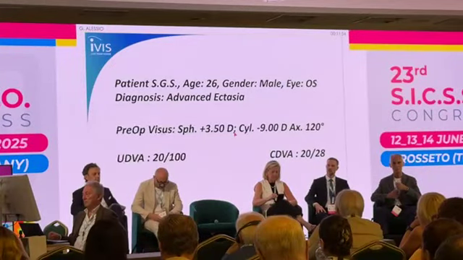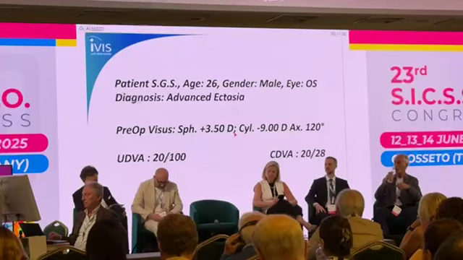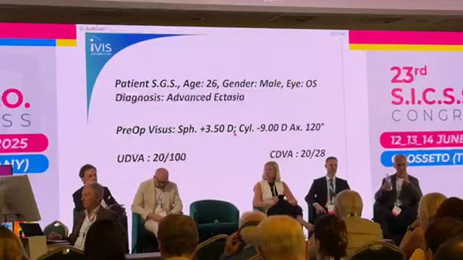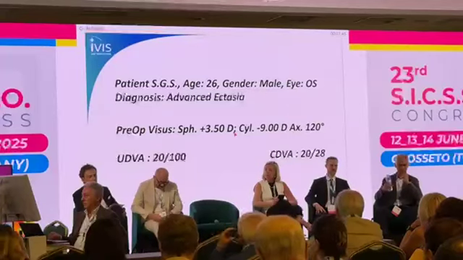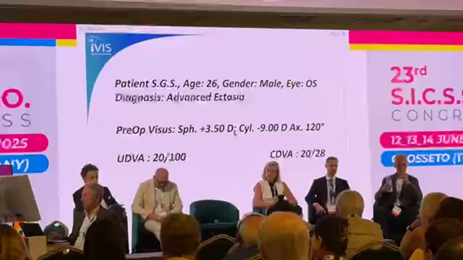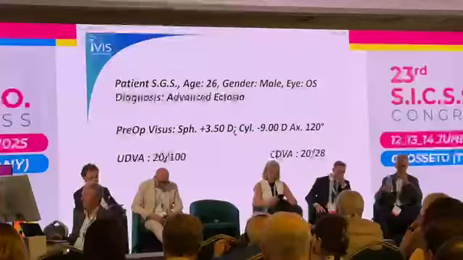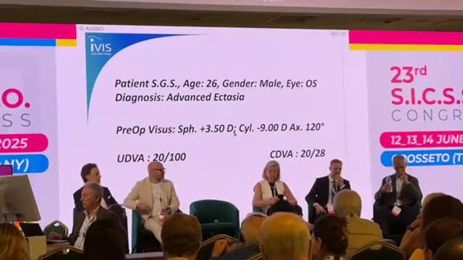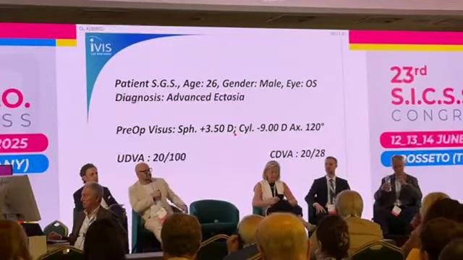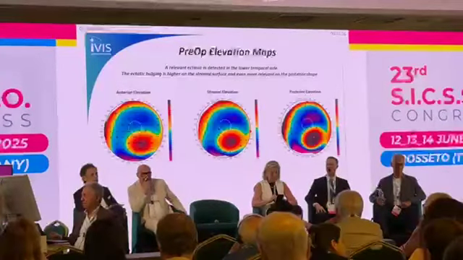Today's patient is a very challenging case, as Professor Alessio tells us. It is a patient with advanced ectasia, a male of 26. You can see the refraction, plus 3.5 with -9 of cylinder, uncorrected visual acuity poor, 20/28 best corrected visual acuity.